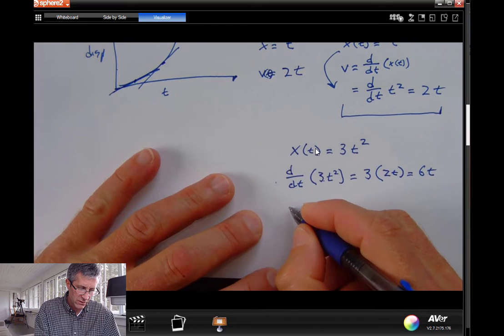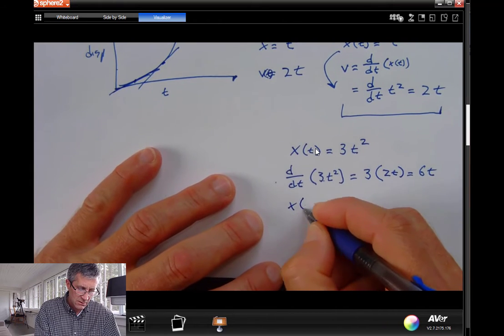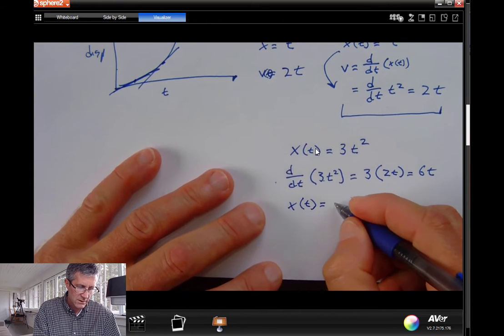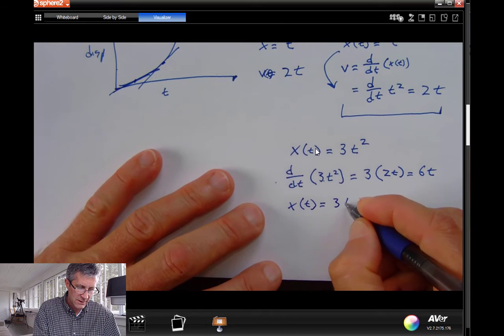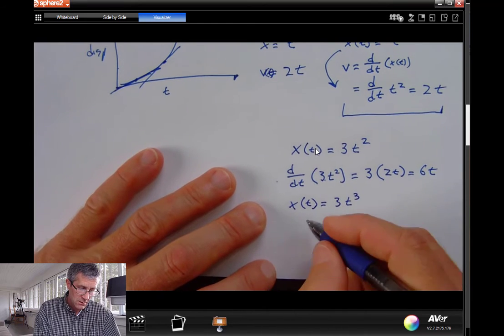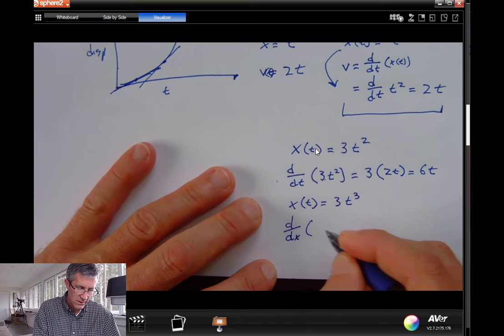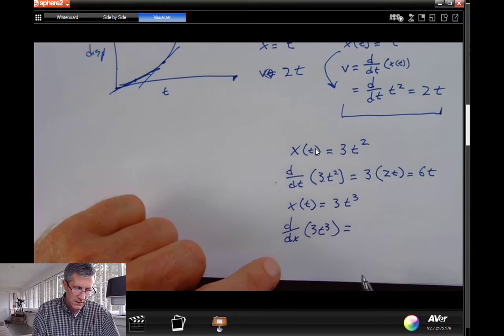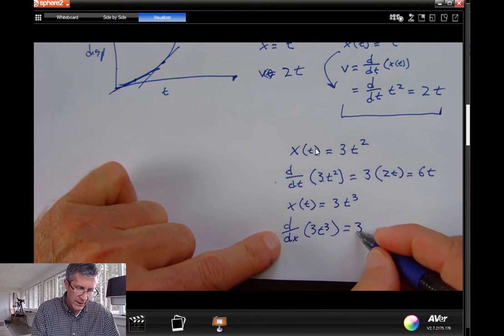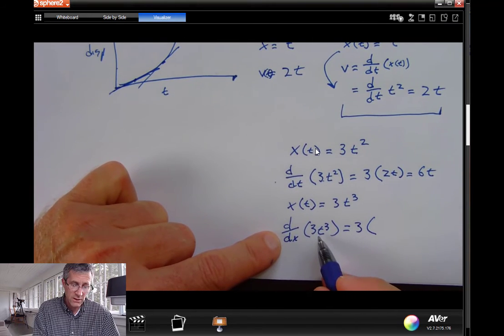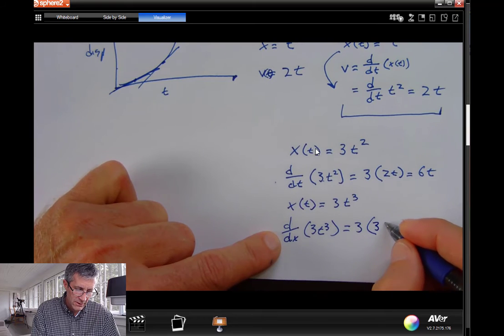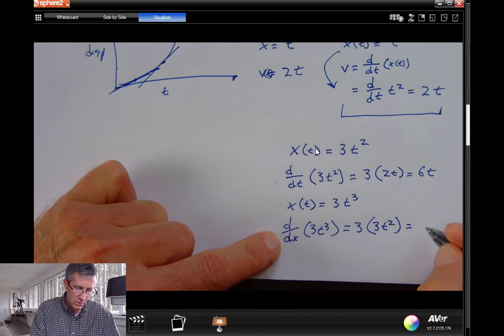Another brief example. If my position function is 3t cubed, then my velocity function, or the rate of change of 3t cubed, in this case, I'll pull a 3 out, and the derivative of t cubed is going to be 3t squared, so 9t squared would be the answer.